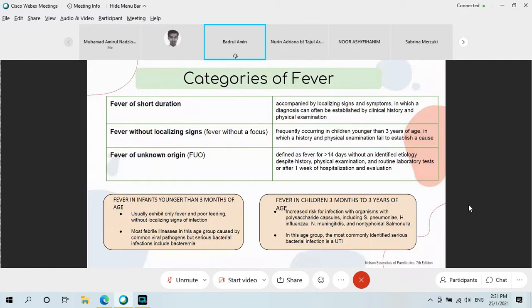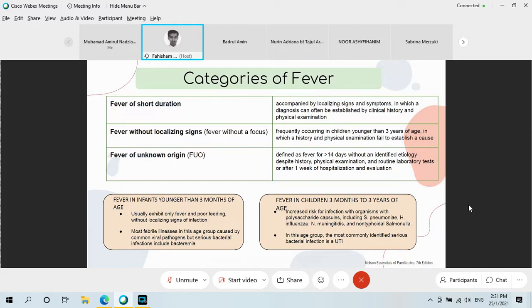Okay. Usually, if it's short, it's likely to be viral, because viral will not go beyond 5 days, unless you are immunocompromised, like HIV. Then you're going to get prolonged fever. But if it's a dengue infection, it's very short, 5-6 days.